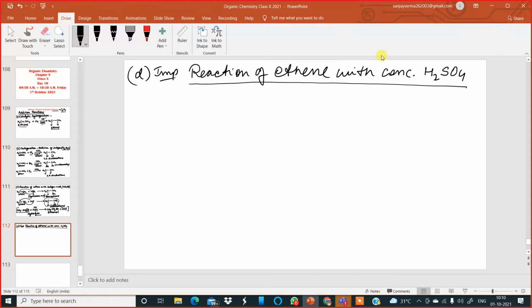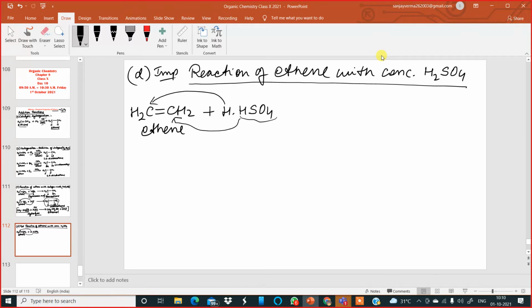So over here, H2C CH2, that is ethene, reacts with concentrated sulfuric acid. Sulfuric acid I'll write in this manner: H dot HSO4. It is the same thing. So here again what will happen? This hydrogen goes to the first carbon, the remaining goes to the second carbon.